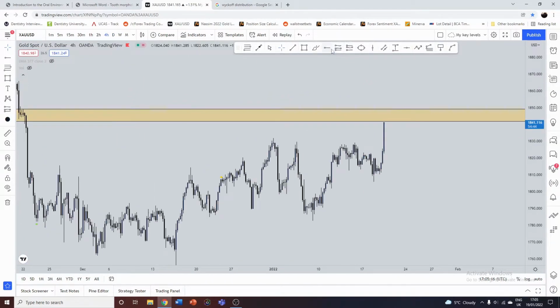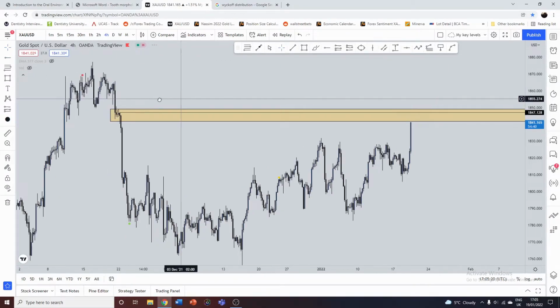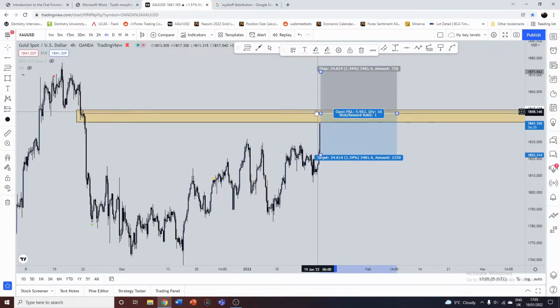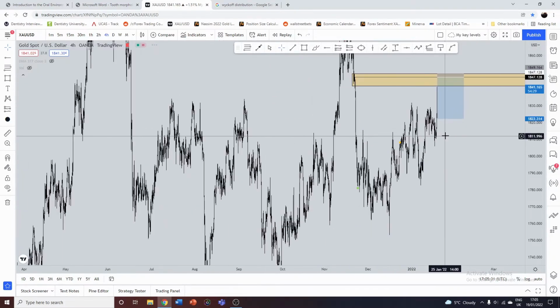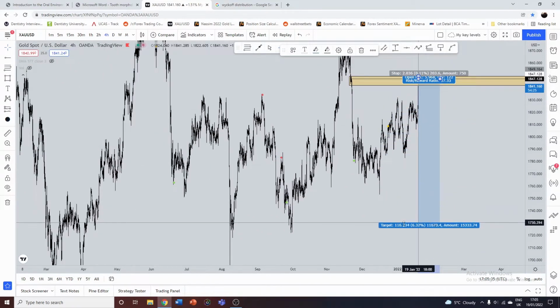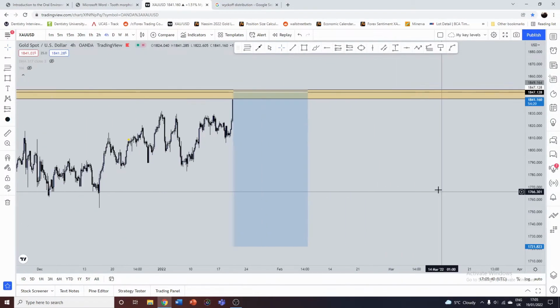So yes, 1847 was where I was looking for entries potentially, and then if we put our risk to reward tool, we could have a 20 pip stop potentially, and then swing it all the way down to 1720 minimum.